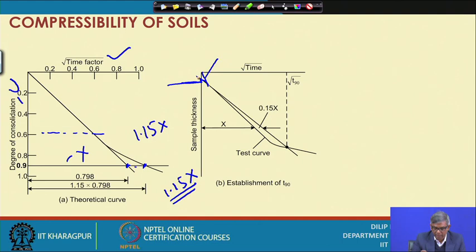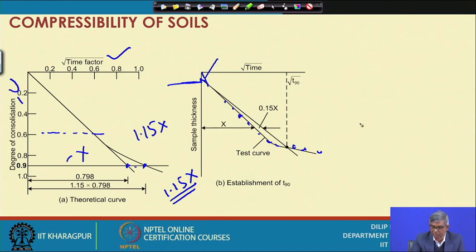And now, this curve is whatever test data we have, based on that you can draw the curve. After drawing the curve, since whatever observation we have made, the abscissa on the curve will be equal to 1.15 times the abscissa on the straight line. So, we can take 1 or 2 points.